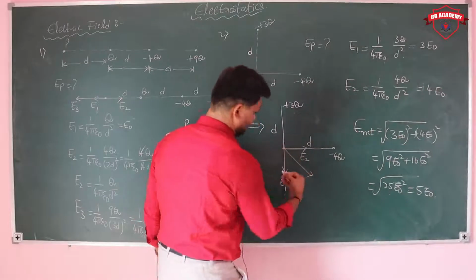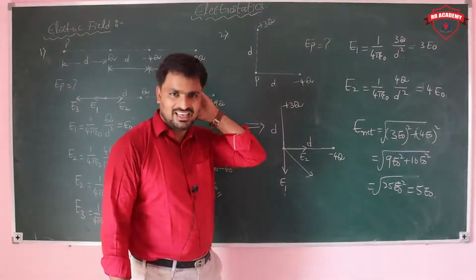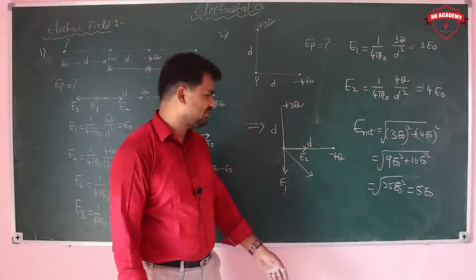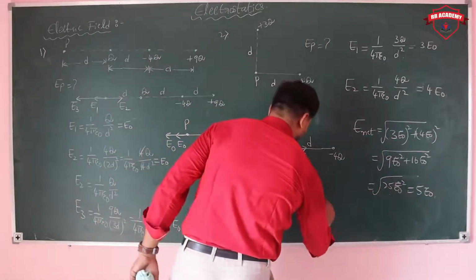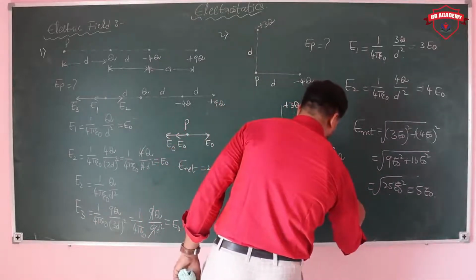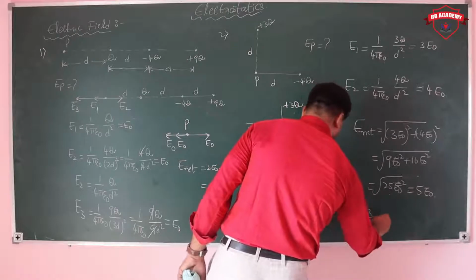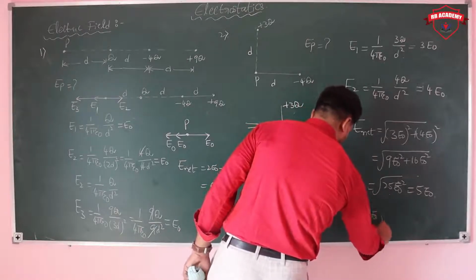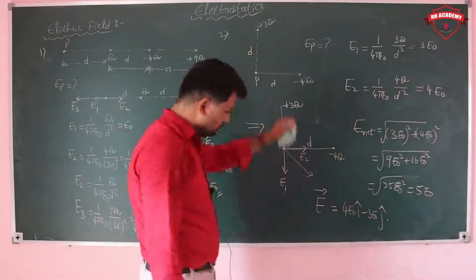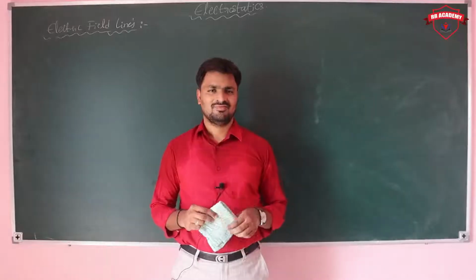Direction is in this side. In case they ask for vector notation, then you can write the vector notation for that. Simply plus 4 E naught i cap minus 3 E naught j cap, downward direction.